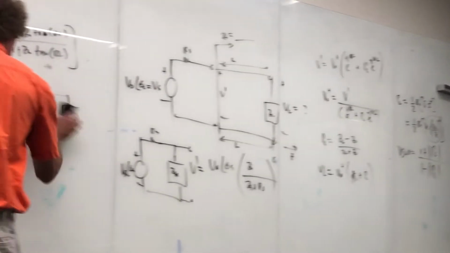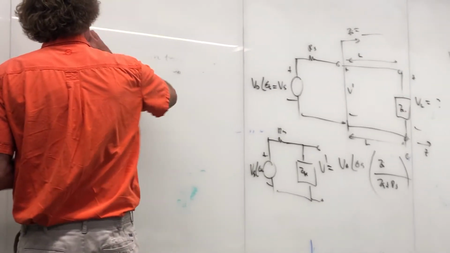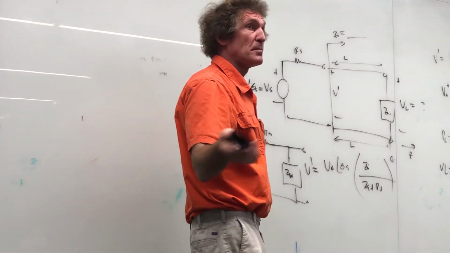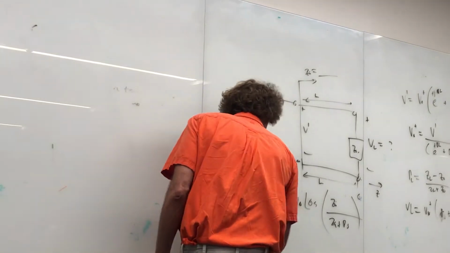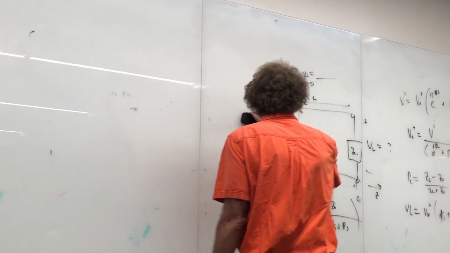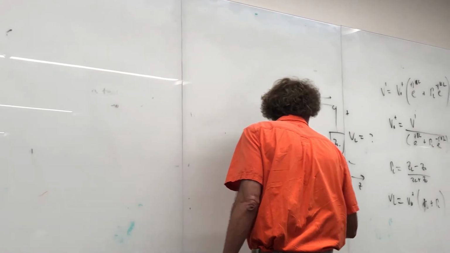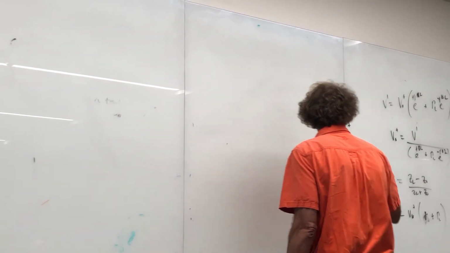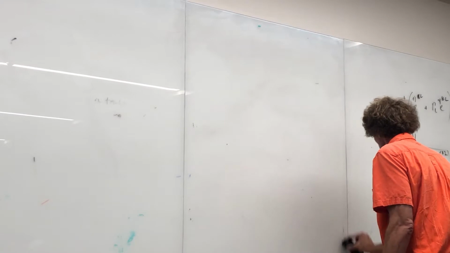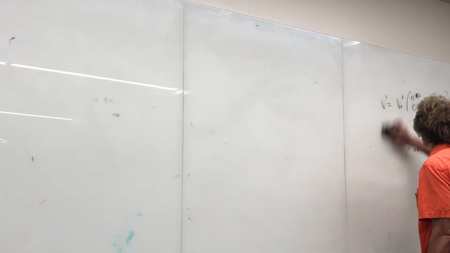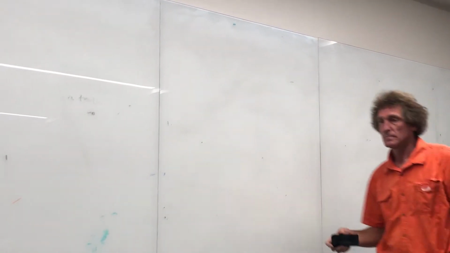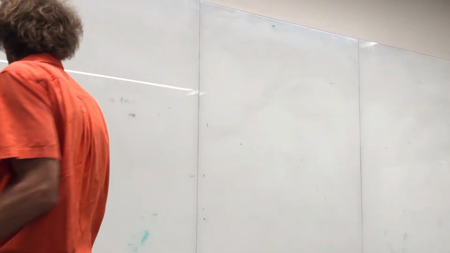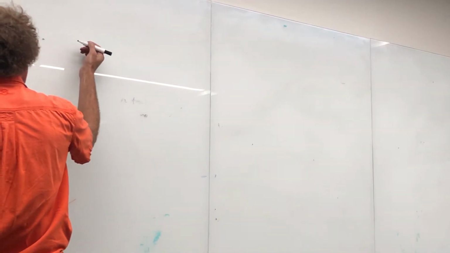The next one is impedance matching. And remember, when you do impedance matching, things can be put in parallel or things can be put in series. And this is important. So we have this for impedance matching.